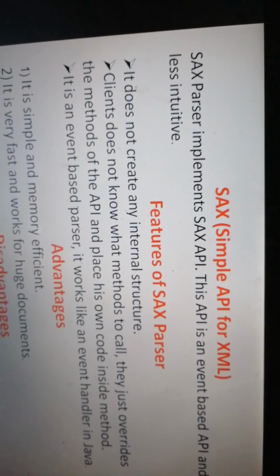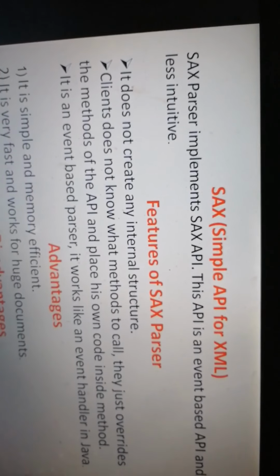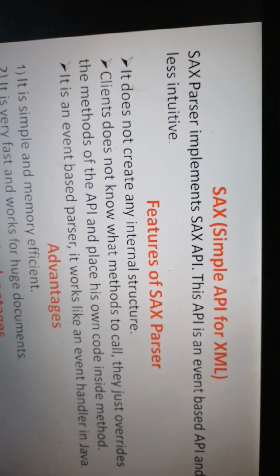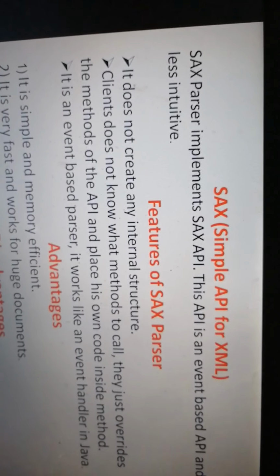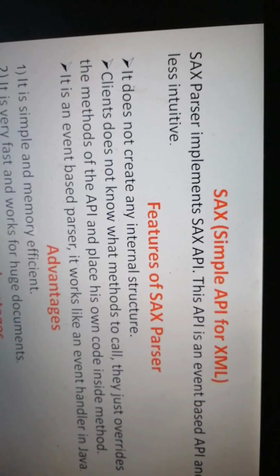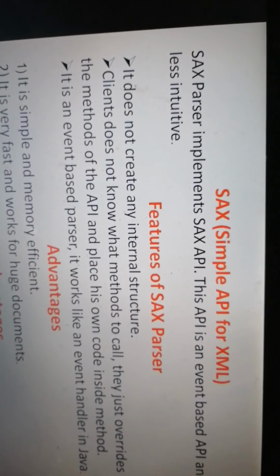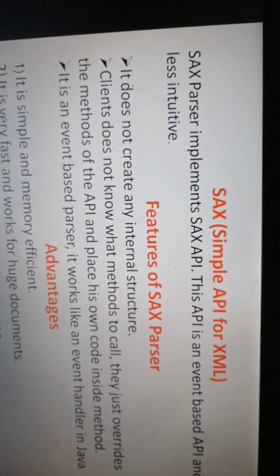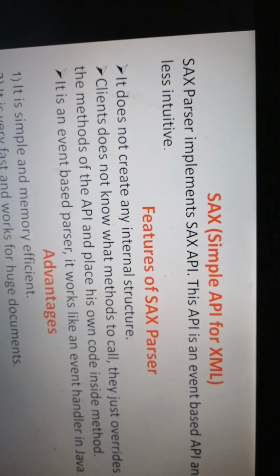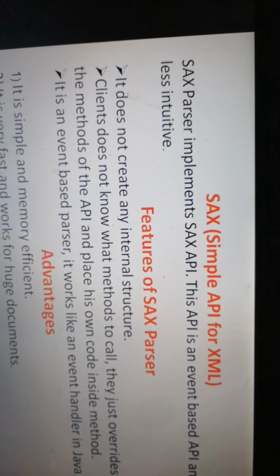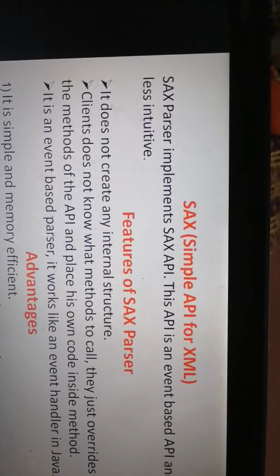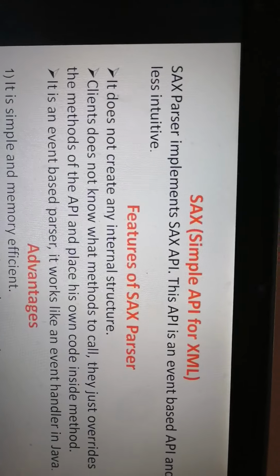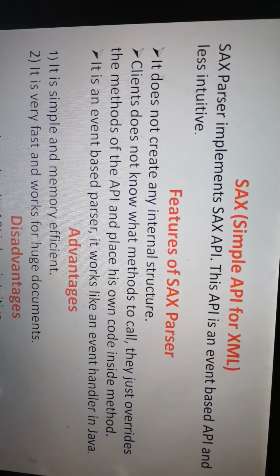Whereas the SAX parser comes as a library file. When we use the SAX parser, it provides some methods to that programming environment, and those methods will be overridden in that programming environment. So compared to DOM, the SAX parser is more efficient, and we will be using the SAX parser.